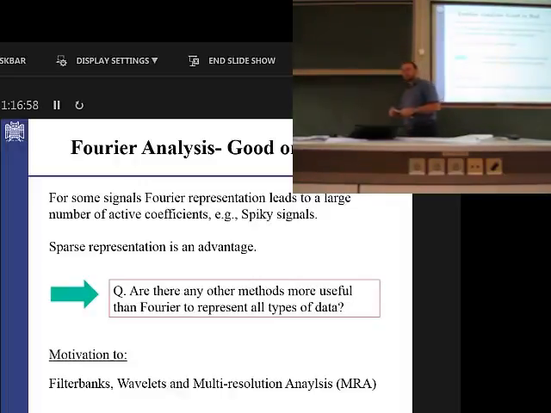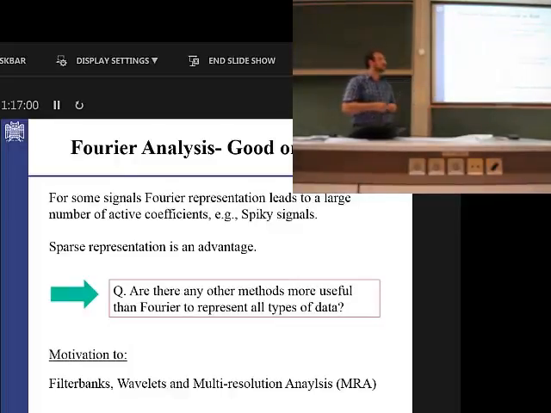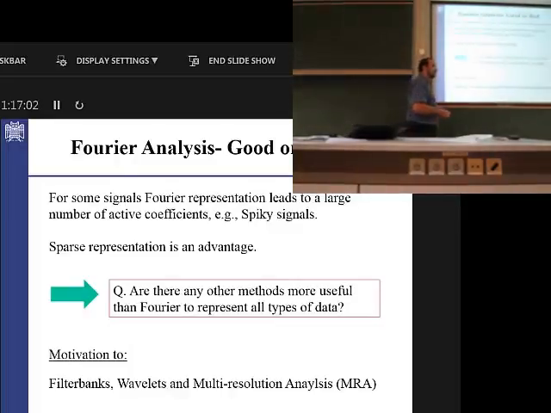Now, for some kinds of signals, it turns out that sparse representation is not possible using Fourier analysis.